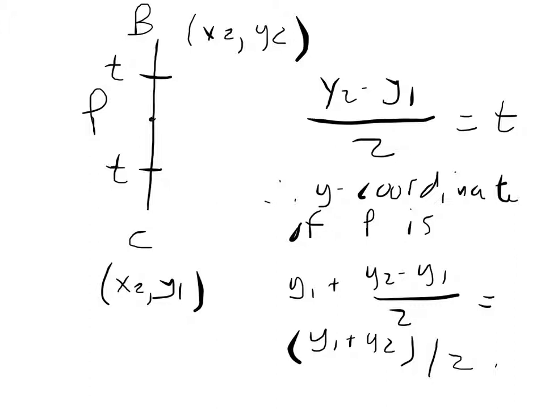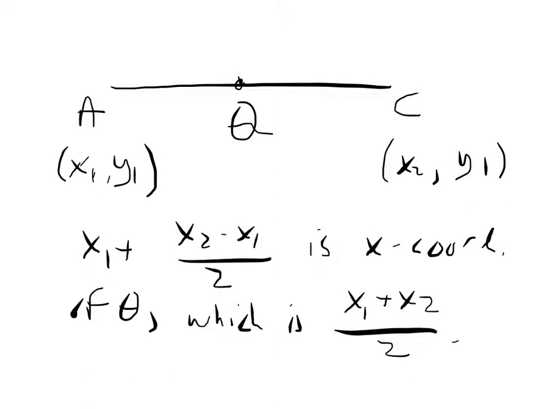So by a similar method, if I look at segment AC, I can find the X coordinate of Q, and the X coordinate of Q is going to be the same as the X coordinate of M, because MQ is a vertical line. So my length of AC is going to be x2 minus x1.